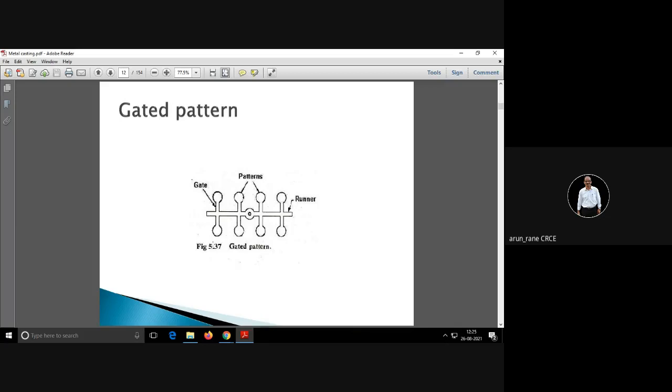So this is the advantage of the multiple cavity mold. Wherever possible, or if your products are very small, it is always preferred to go for a multiple cavity mold. And if it is a multiple cavity mold, then obviously you have no choice but to go for a gated pattern.